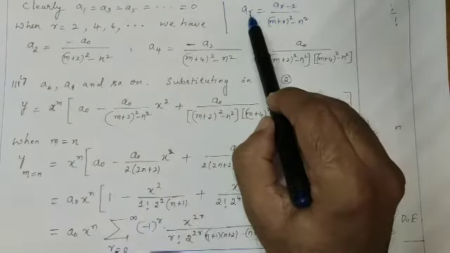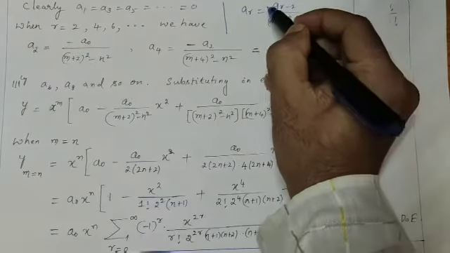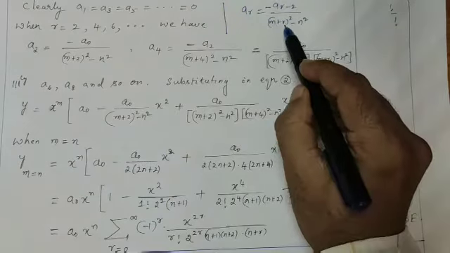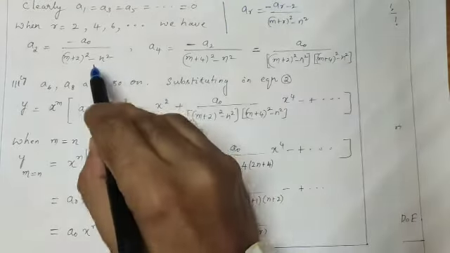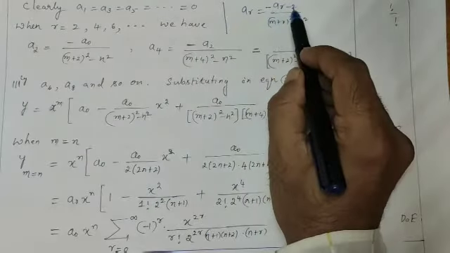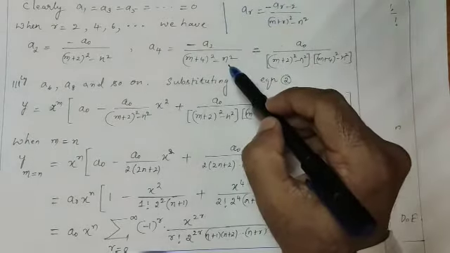Substitute r equal to 2: a2 is minus a0 divided by (m plus 2) whole square minus n square. Similarly, put r equal to 4: a4 will be minus a2 divided by (m plus 4) whole square minus n square.